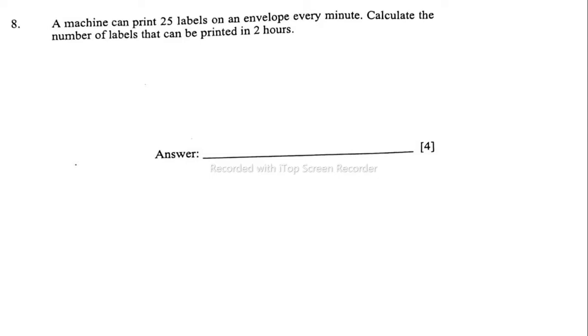That's pretty easy. 2 hours is 120 minutes, because 2 hours is equal to 1 hour plus 1 hour. And we know that 1 hour is 60 minutes.